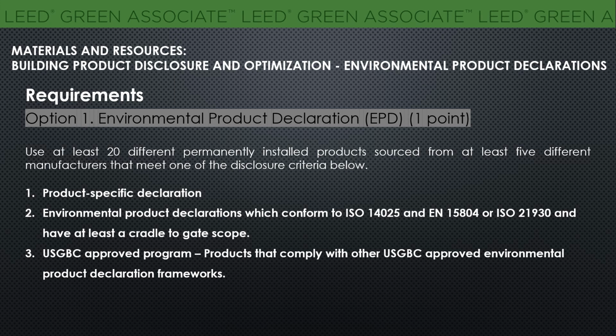And finally, USGBC approved program product that comply with other USGBC approved environmental product declaration framework. So please note that here, for achieving option 1, use at least 20 different permanently installed products and they should be sourced from at least 5 different manufacturers.